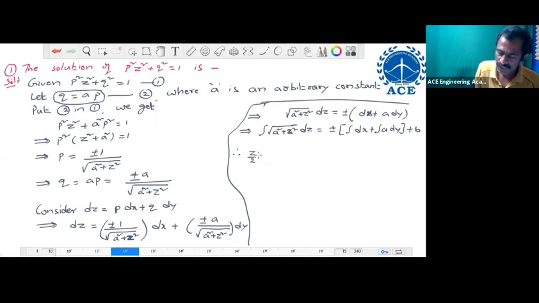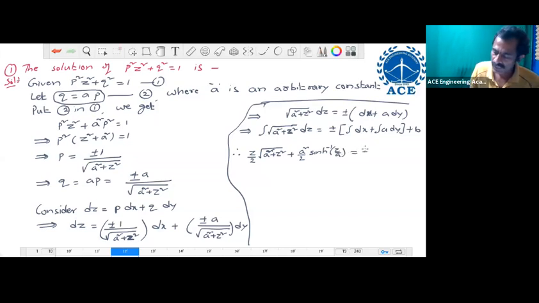So z by 2 into under root of a square plus z square, plus a square by 2 into sinh inverse of z by a, or log. You can add any one.